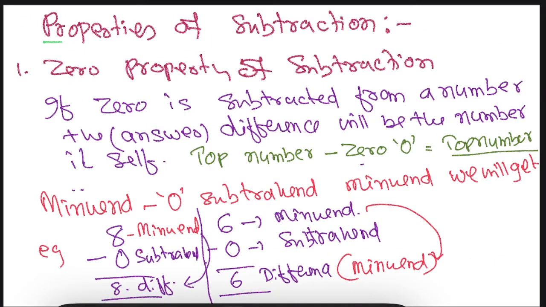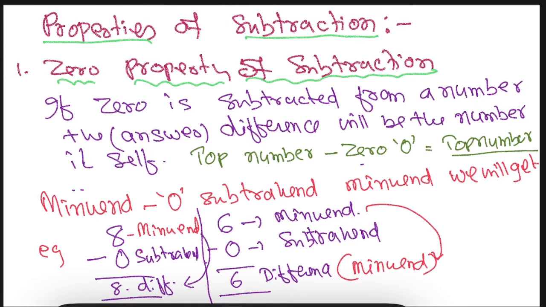Let us study the properties of subtraction. First is the zero property of subtraction. You know 0, 1, 2, 3. If you subtract 0 from a number, the difference will be the number itself.